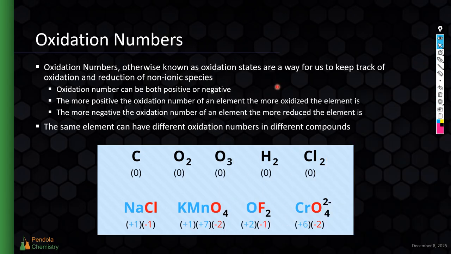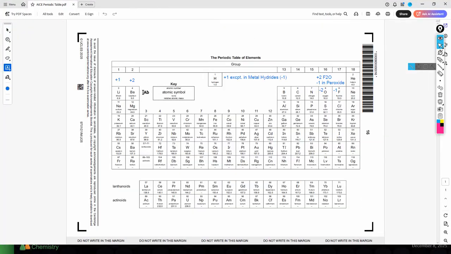After that, we know for sure that any group 1 element will have a +1 oxidation number. Any group 2 element will have a +2 oxidation number. Hydrogen will always be +1, except in a metal hydride when it's -1. And that metal hydride, remember, is any metal with hydrogen. And then fluorine will always be -1.